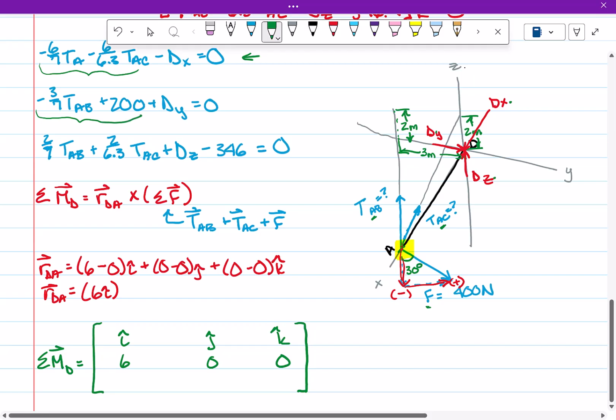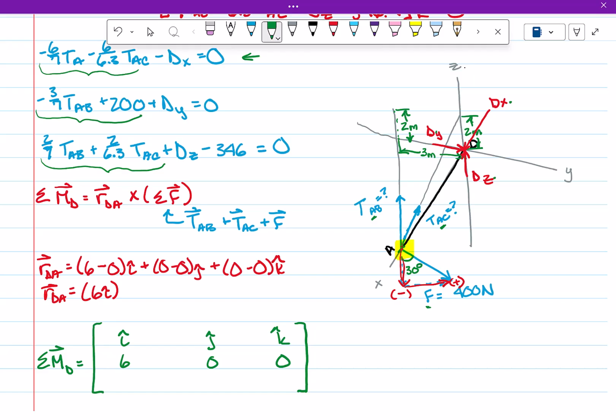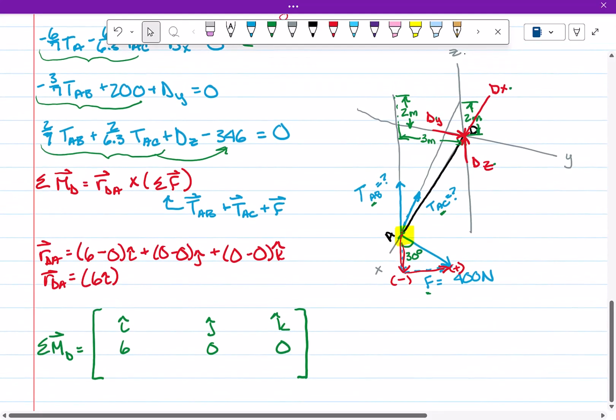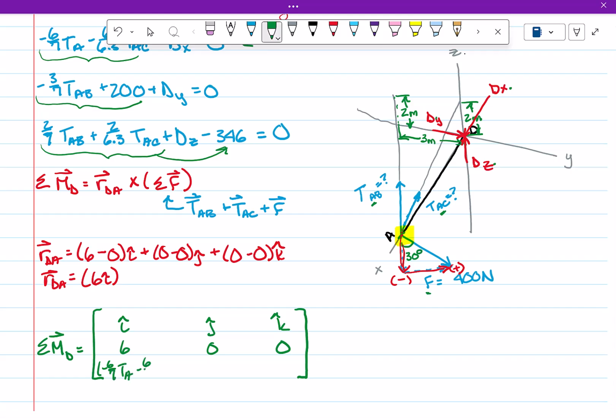So let's go ahead and plug that in. We have under I, negative 6/7 TAB minus 6 over 6.3 TAC. That should be TAB. I don't want to get y'all confused. Looks like we don't have enough room, so let me move this over. For our J component, we have negative 3/7 TAB plus 200.